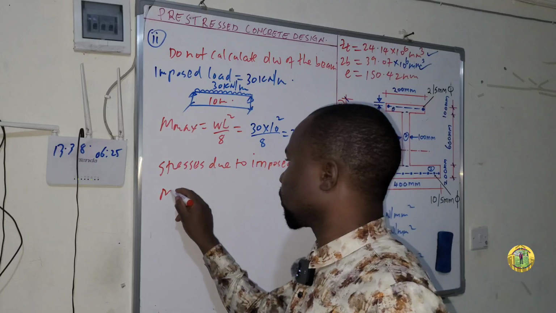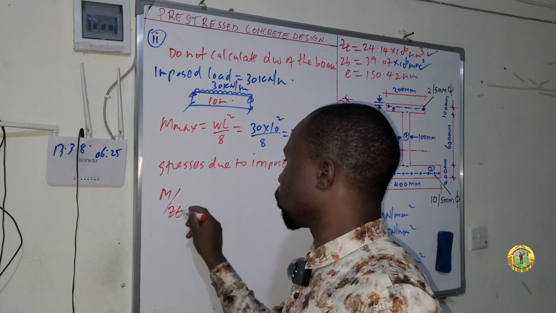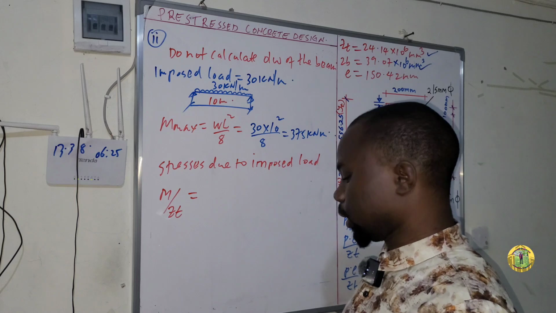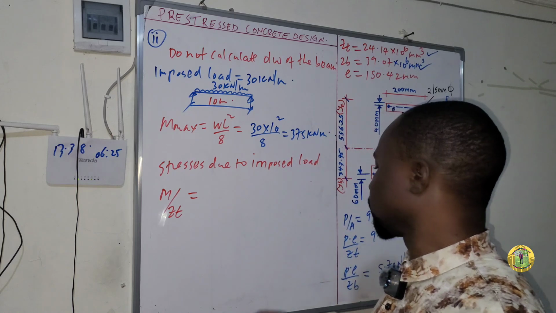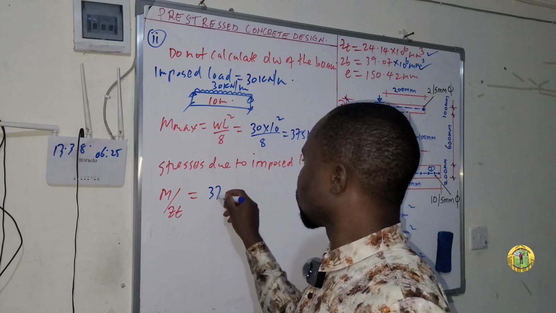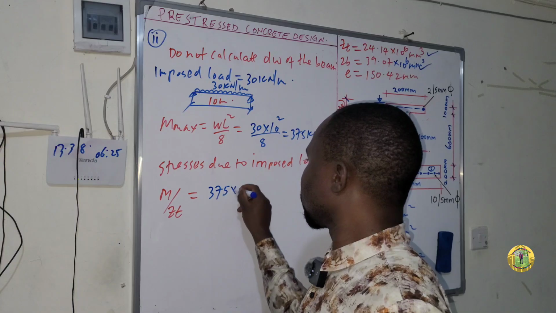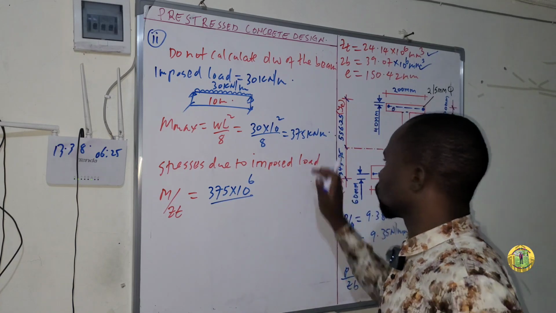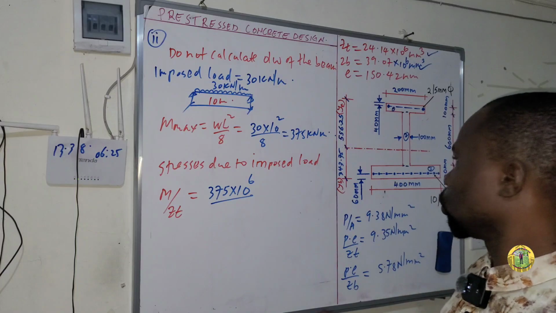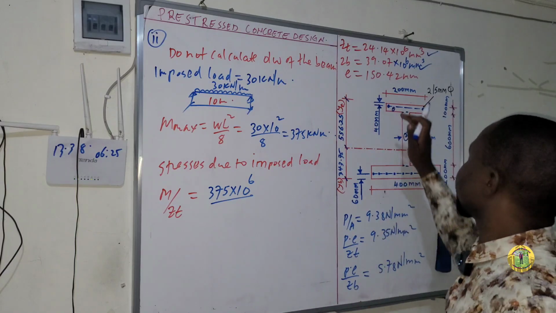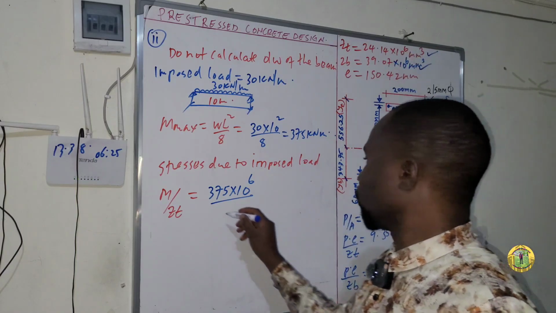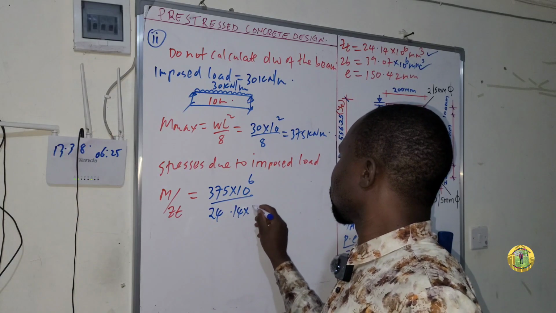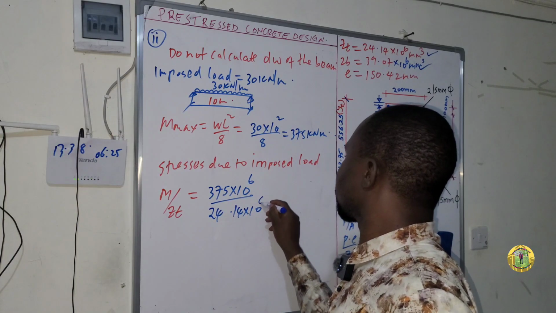So this is M over Z top. So this one is equal to 375 times 10 to the power of 6. So we are converting from kilonewton meter to Newton millimeter, and the Z top is here, which is 24.14 times 10 to the power of 6.